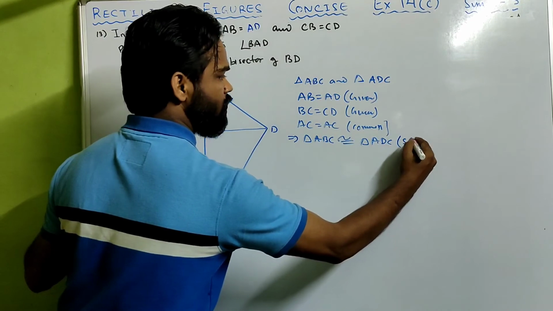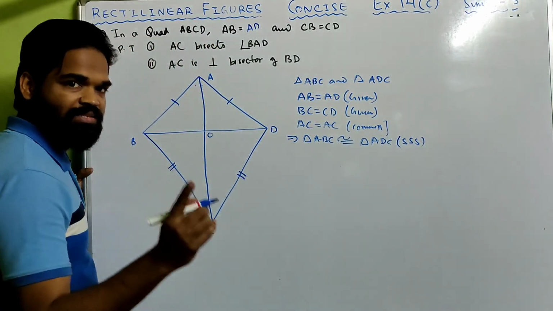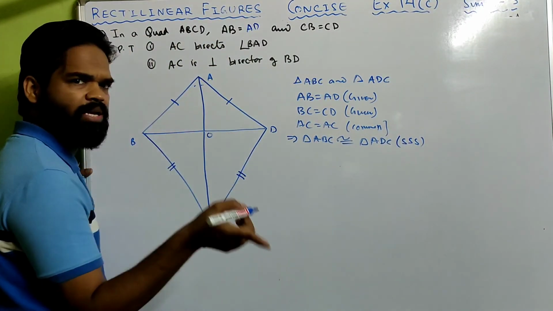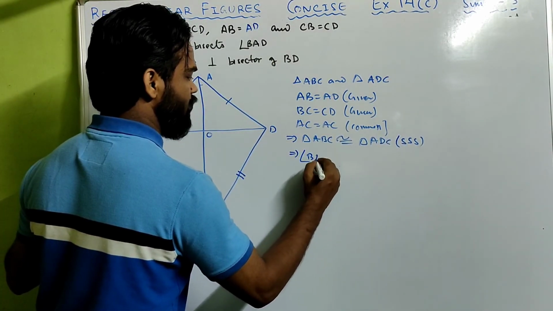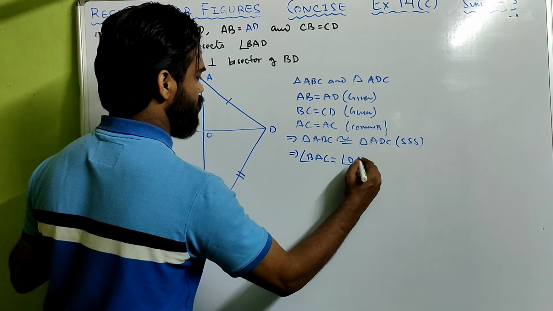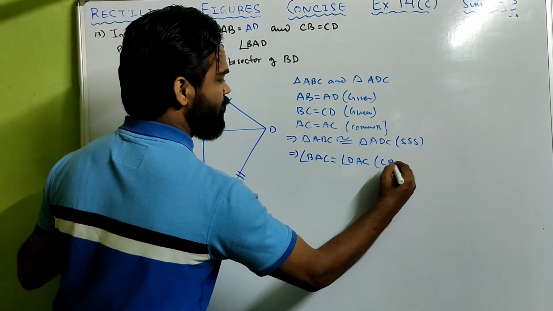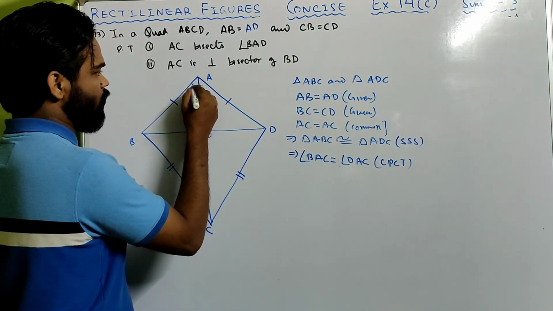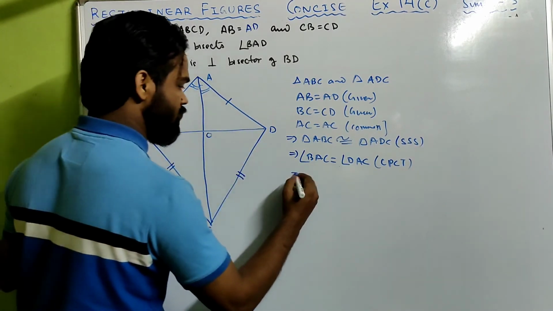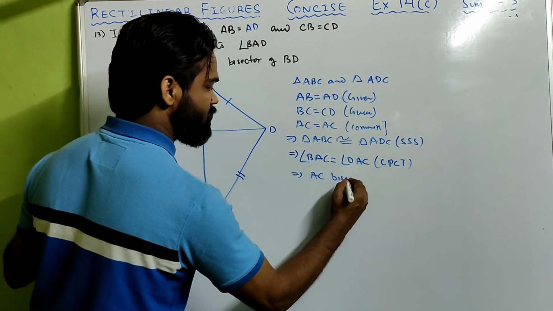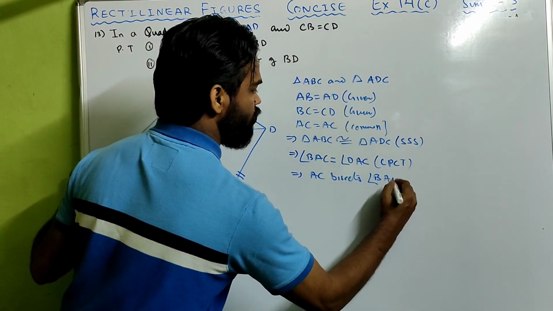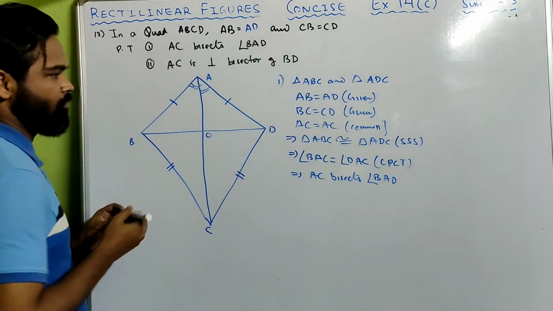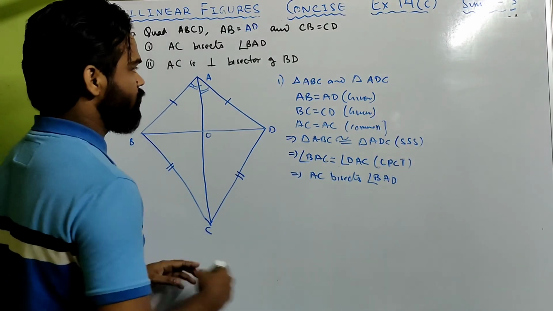Side side side. Once they are congruent, these two angles have to be equal, CPCT. So angle BAC is equal to angle DAC, CPCT. And if these two angles are equal, we can simply say that AC bisects angle BAD. First part is done. I don't think any problem, okay?